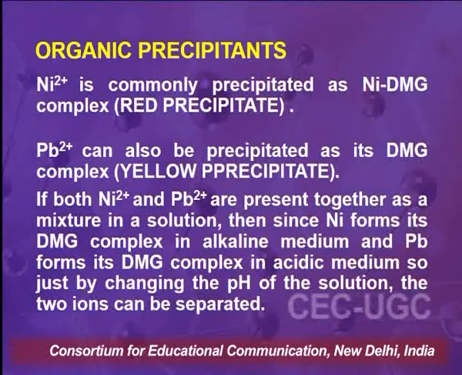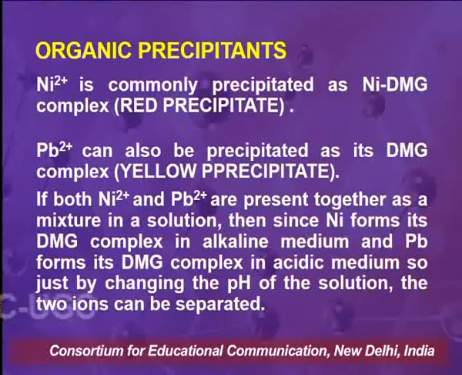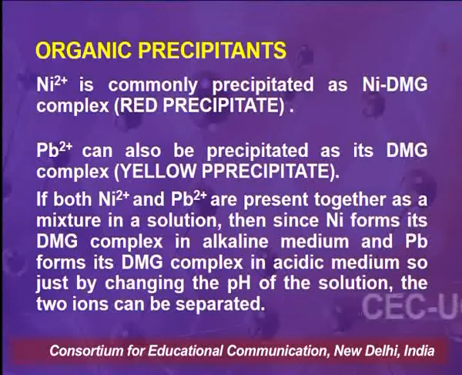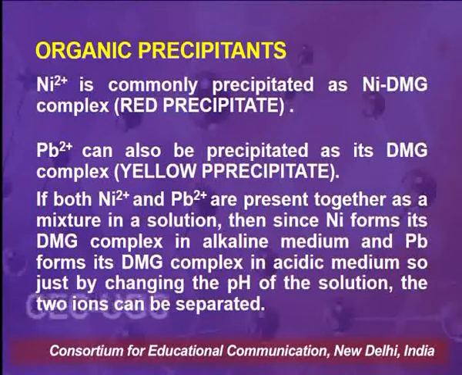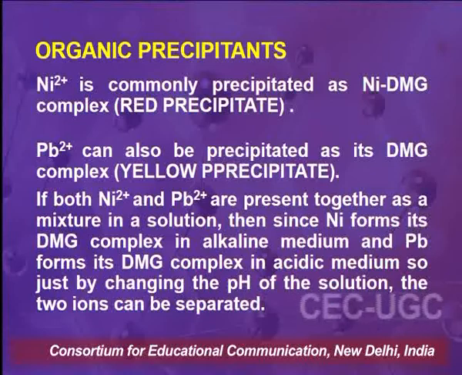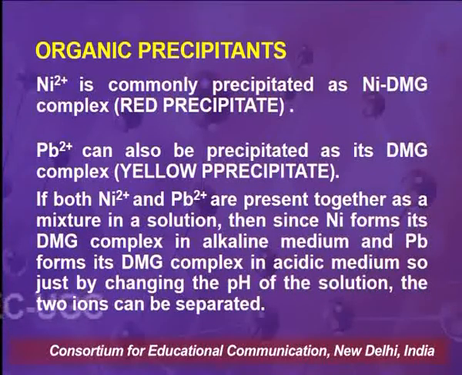So, if both nickel ions and lead ions are present together as a mixture in a solution, then since nickel forms its DMG complex in alkaline medium and lead forms its DMG complex in acidic medium, just by changing the pH of the solution, the two ions can be separated. So, this is very simple.